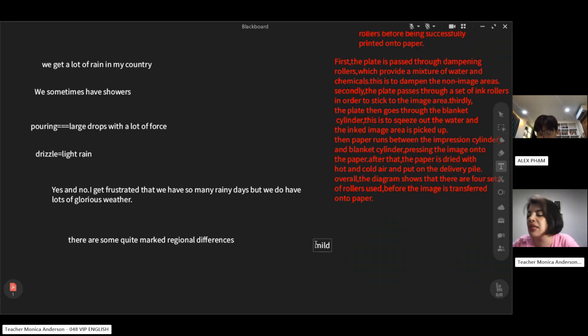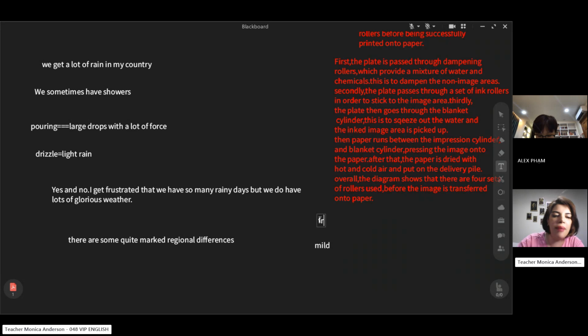So just let me say something about when it comes to cold weather. We have different phrases, different words that we use to say cold. When you say very cold, extremely cold, it is freezing.